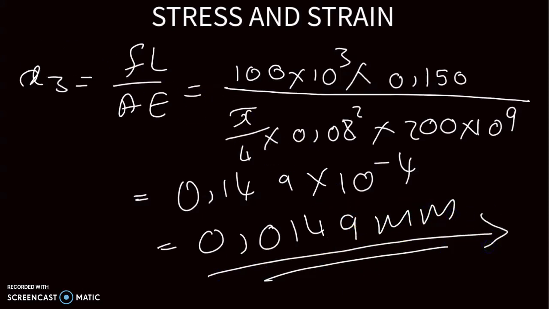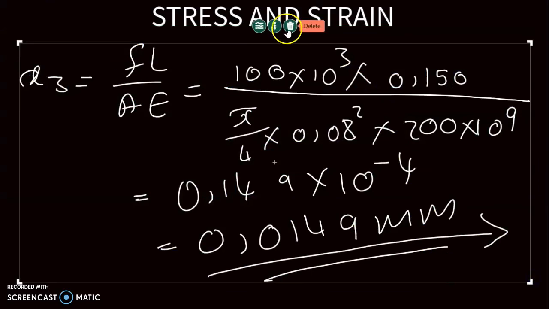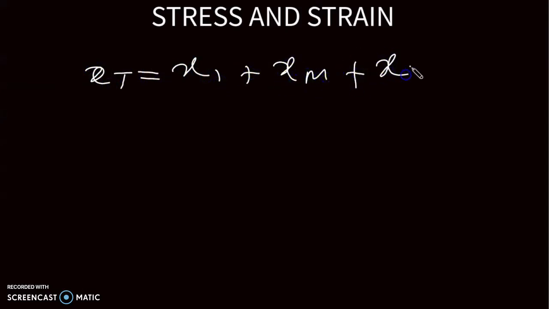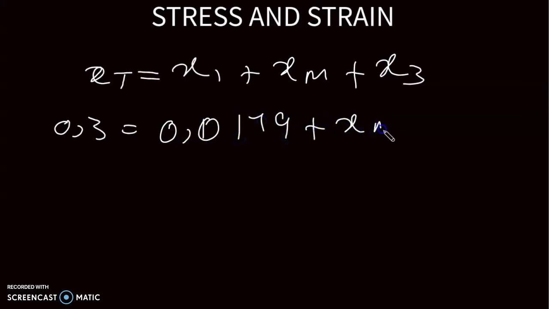So now we are having something like this. Go back to our total change in length. It equals change in length number 1 plus change in length m plus change in length number 3. Our total change in length is 0.3. This one we are given in the question. And then our change in length number 1, we calculated and got it as 0.0179, plus xm, plus 0.0149.